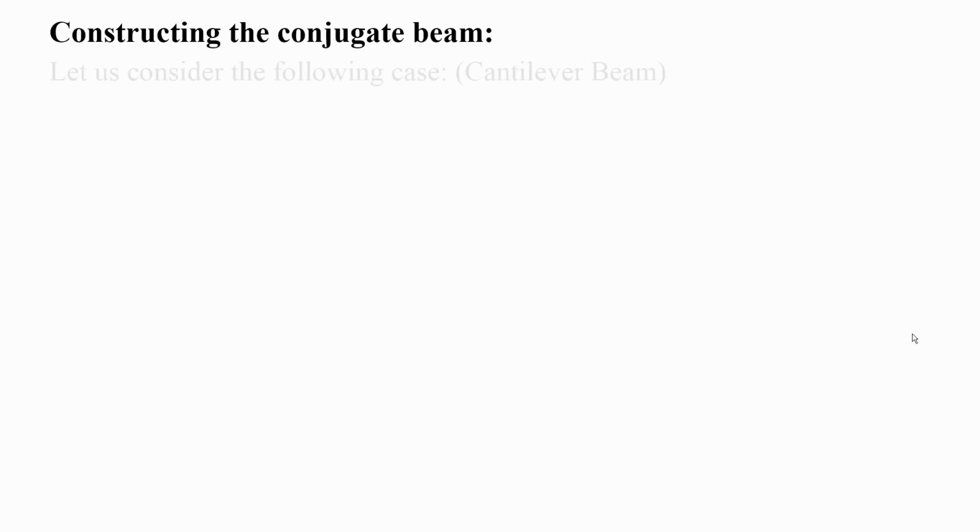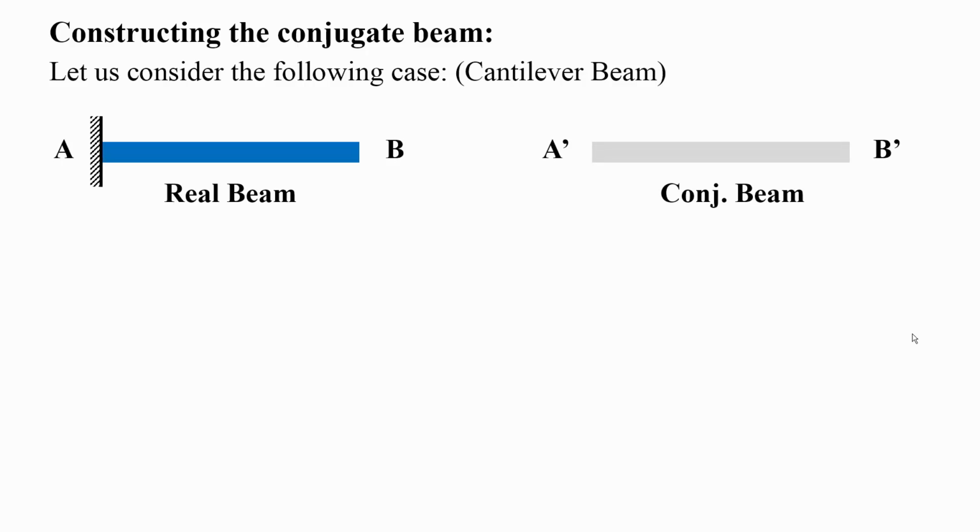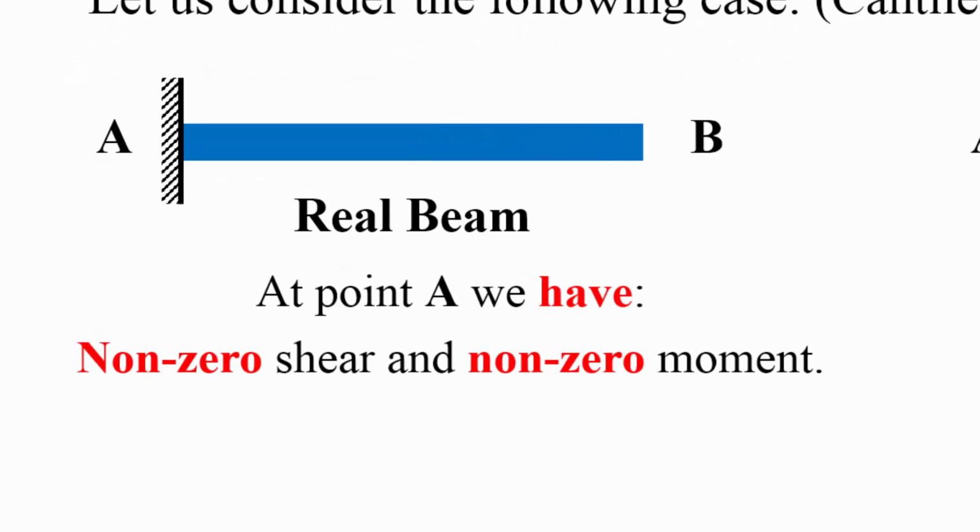Let's do an example. Let us consider the cantilever beam. Here's a cantilever beam, AB, with a fixed end at A, and that's the real beam. Now, what do I mean by zero moment and zero deflection, or zero shear and zero slope, and the things that I mentioned in the previous slide? So let's take a look at point A, for example.